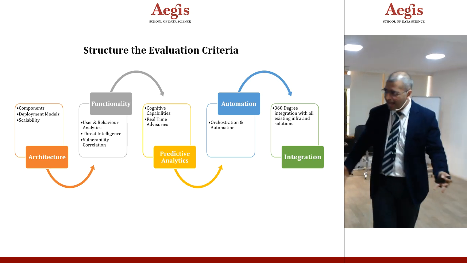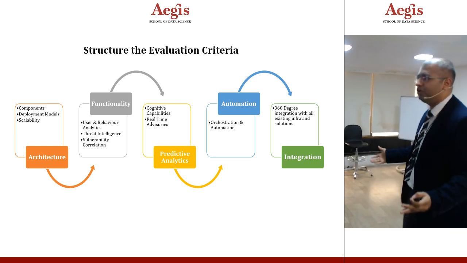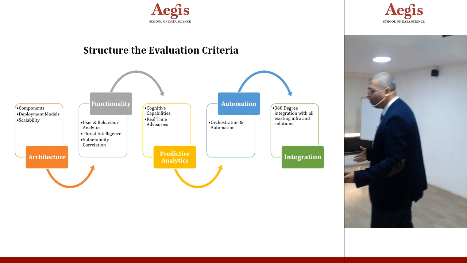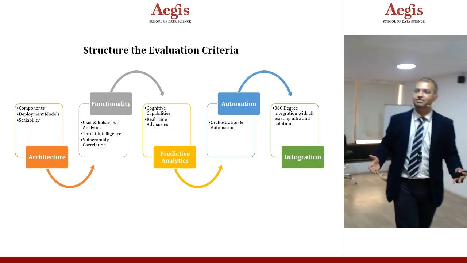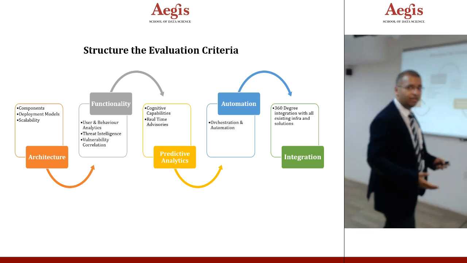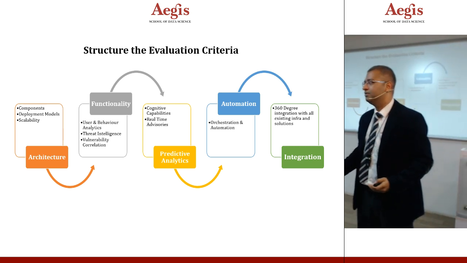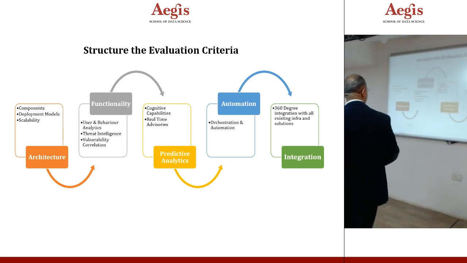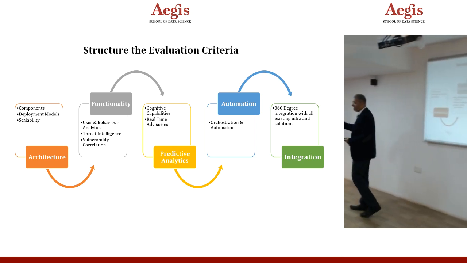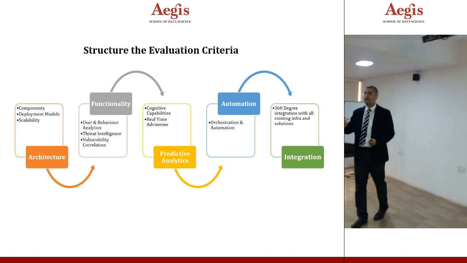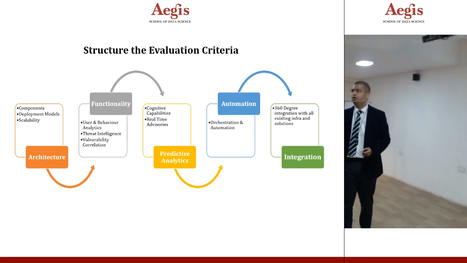If you have been attacked, you have to respond to it. And if you have to respond to it, you need to have a response plan for it. And that's where an orchestration and automation engine comes into play. Integration, quite basic. As many integrations with your network, with your infrastructure possible.